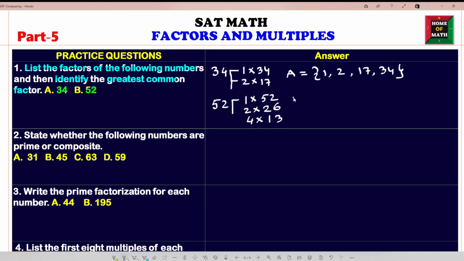So B we can write like this: 1, 2, 4, 13, then 26, and finally 52, right?